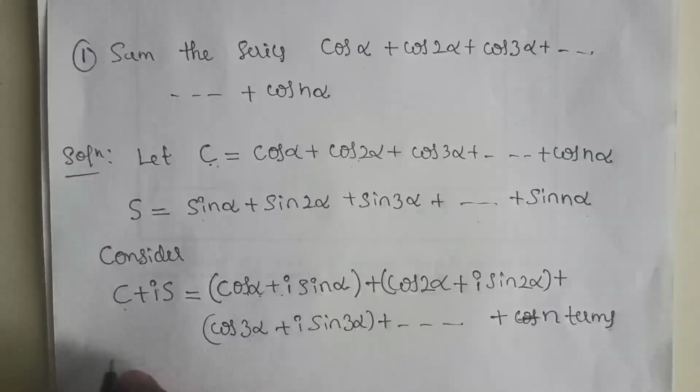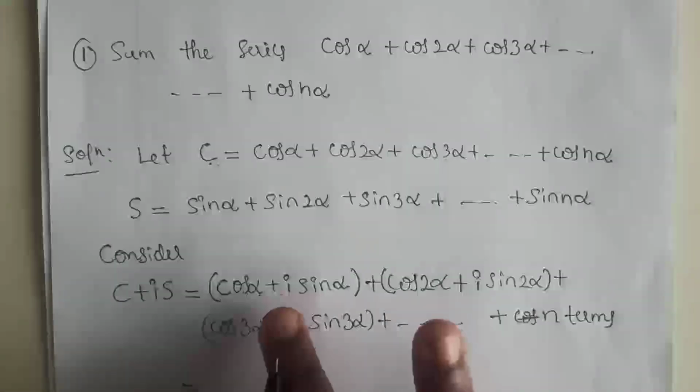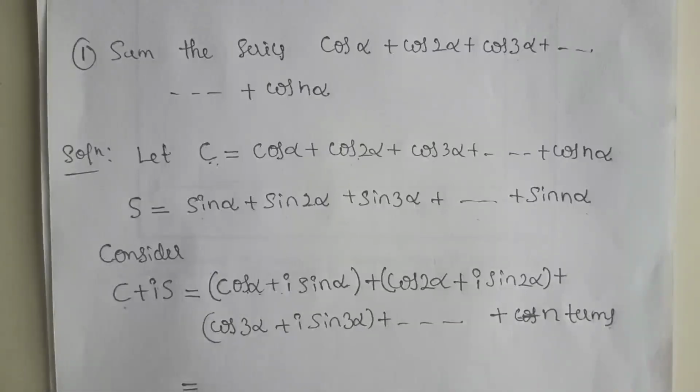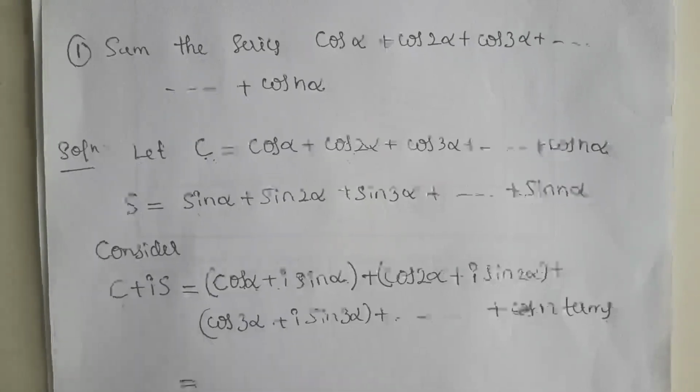After this step we have to express this polar form in Euler's form, that is, in exponential form, e raised to i theta.